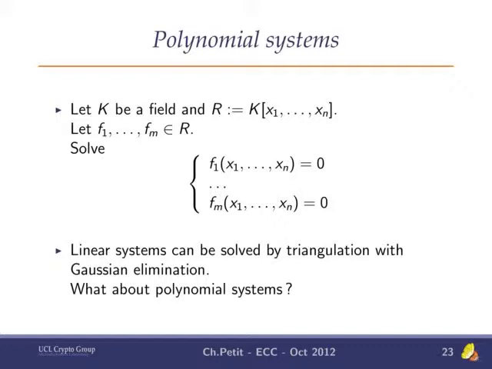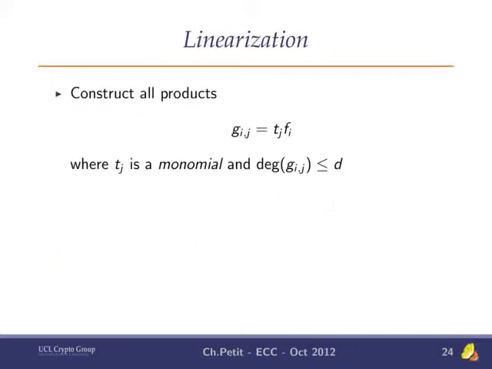So the main idea is to reduce to Gaussian elimination. You construct all the products starting from the polynomials fi: products tj times fi, where tj is a monomial and the whole polynomial has degree smaller than d.